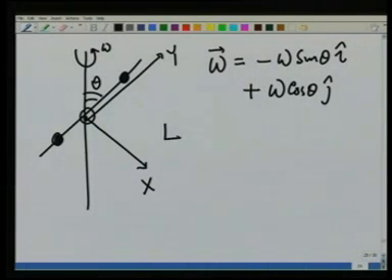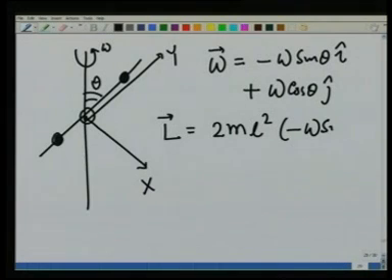Therefore, the L vector is going to be 2 m L square, I xx times omega x, which is minus omega sin theta, plus I yy, which is 0, plus I zz, which is non-zero, but omega z is 0. So, that is 0.